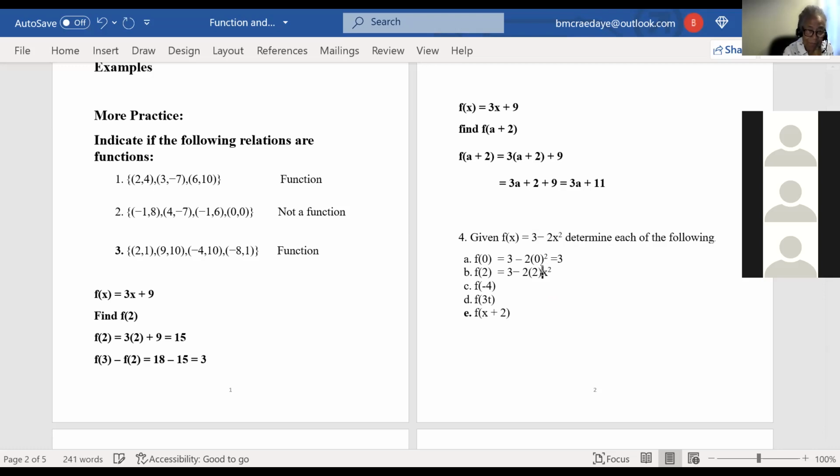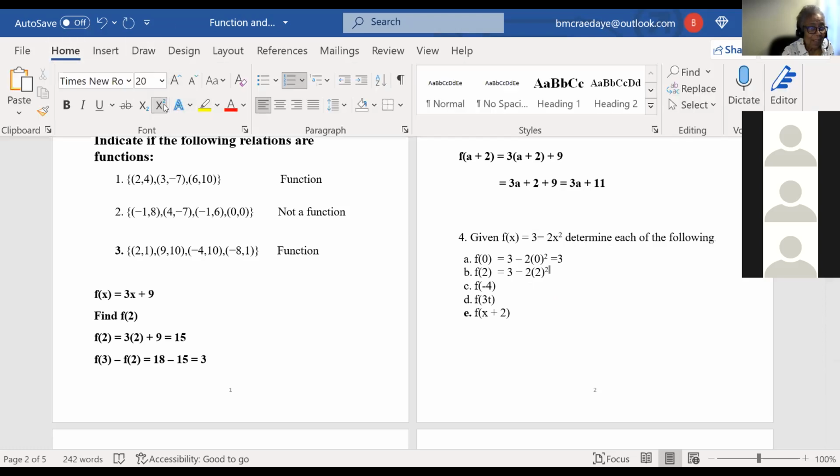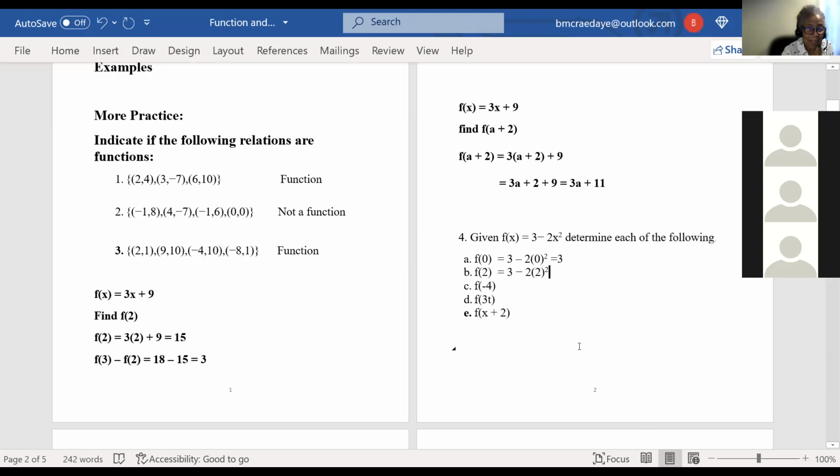That's right. 2 times 2 is 4. And then you multiply 4 times 2 is 8. And you minus 3, remember it's a +3 and a -8. You keep the sign of the larger number. I minus 3 from 8 and that's minus 5. That's it. You got it, Maureen?